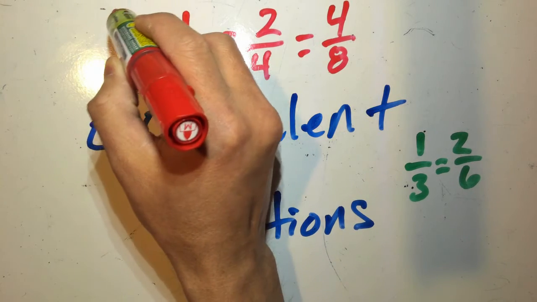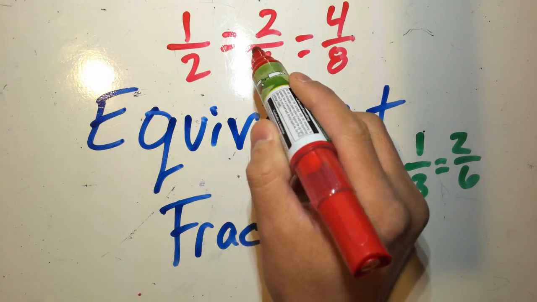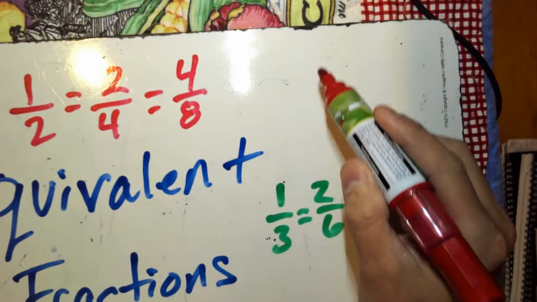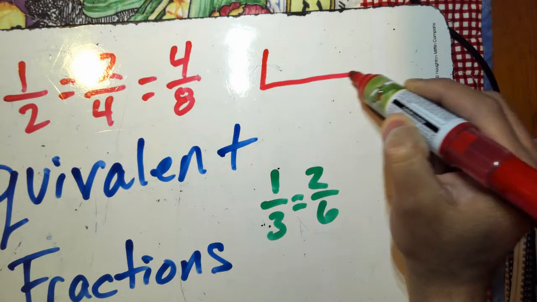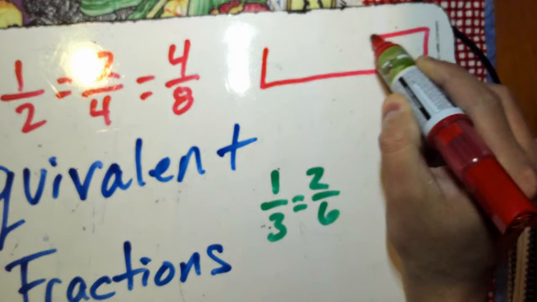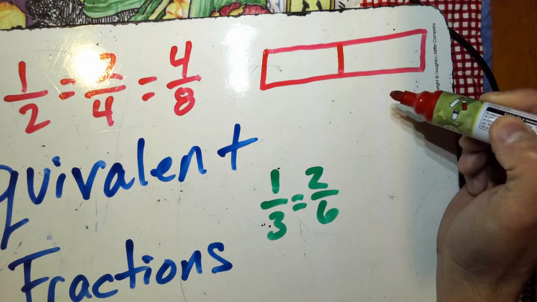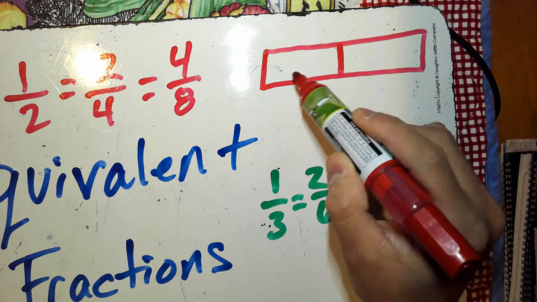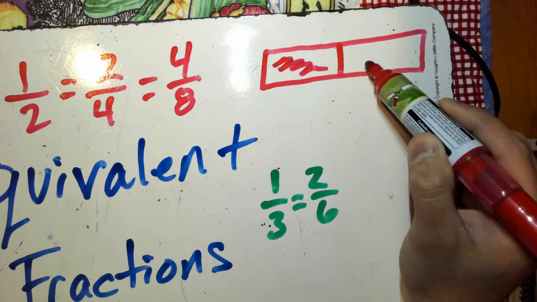So this picture, let's take 1/2 equals 2/4 equals 4/8. So what that would look like is one half is also equal to, so this is 1/2, we can shade it in, that's 1 of 2.